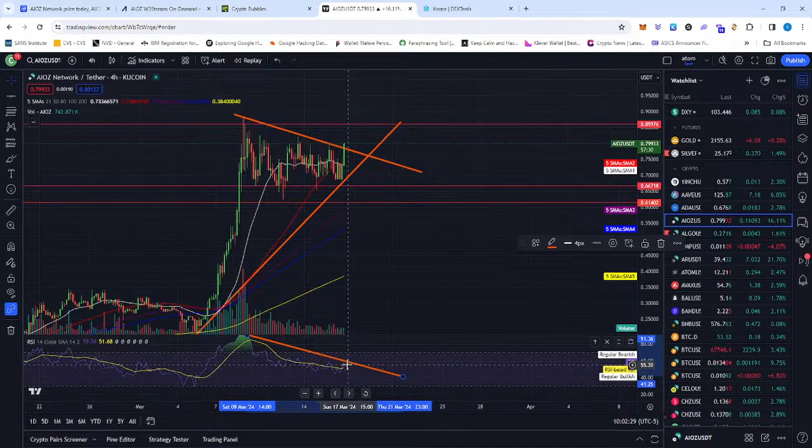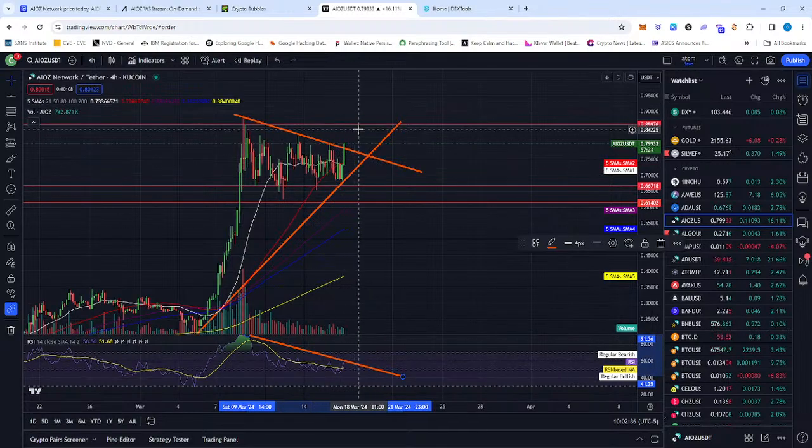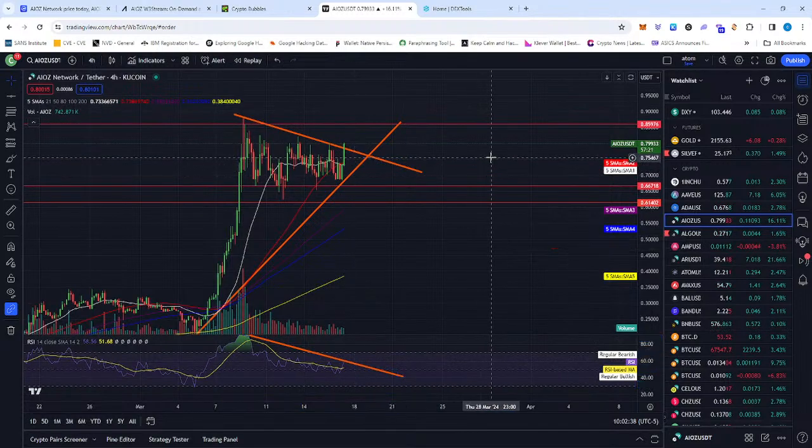We also need the RSI breakout right there. So we get volume, put in a breakout right here, it'll run, and it needs to break through this ceiling.